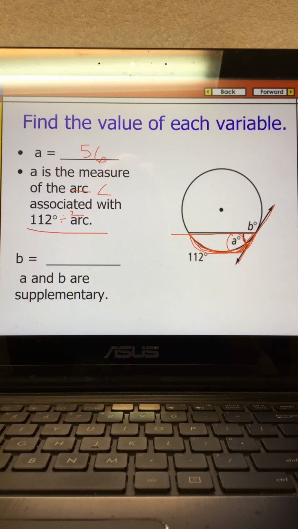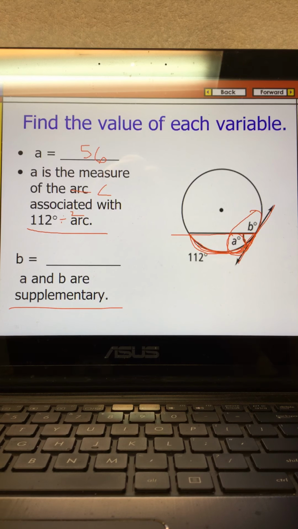So half of this would be 56. Now, I don't know if you noticed, but just like always, these two angles form a linear pair. So that means they are supplementary. So what I need to do is say 180 take away 56.